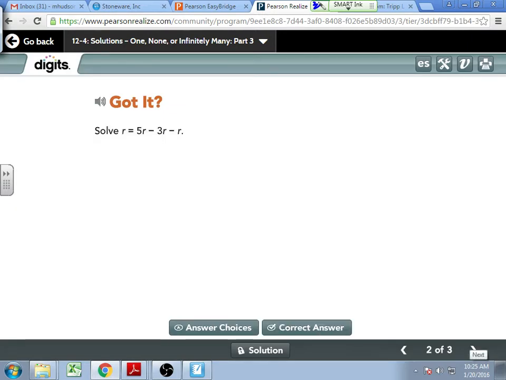What do we get here? Who wants to help me? Jackson? Infinite many solutions because 5r minus 3r equals 2r. And so if you just subtract that last r, then it's r. r equals r. Now here is why PEMDAS tells you in multiplication division and in addition subtraction, we have to work left to right.